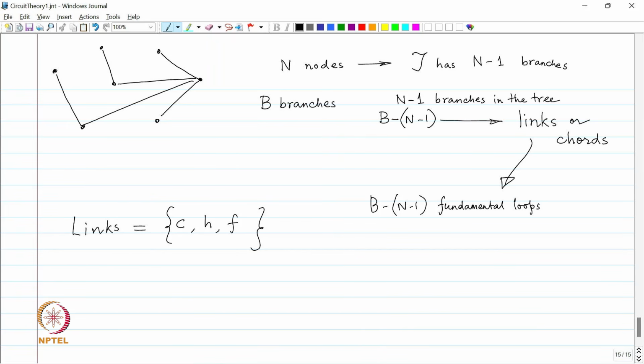Let us call them fundamental loops and we will see what is fundamental about these loops very soon, why we are calling them fundamental loops.